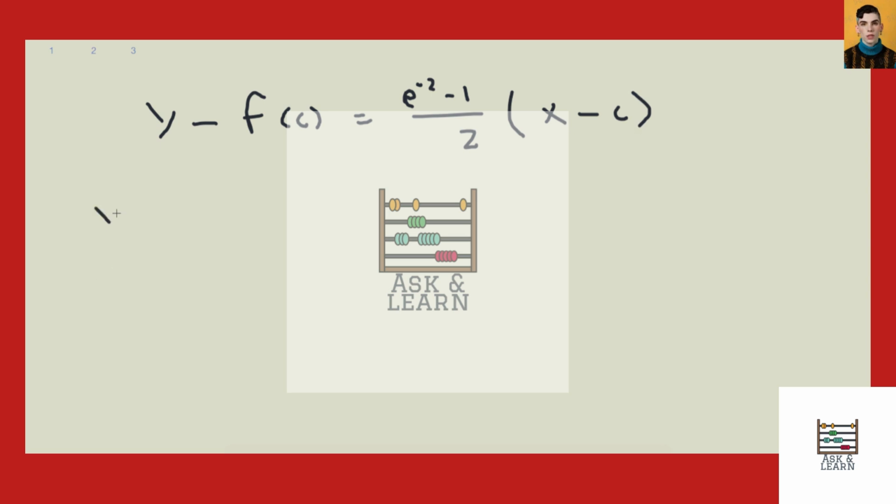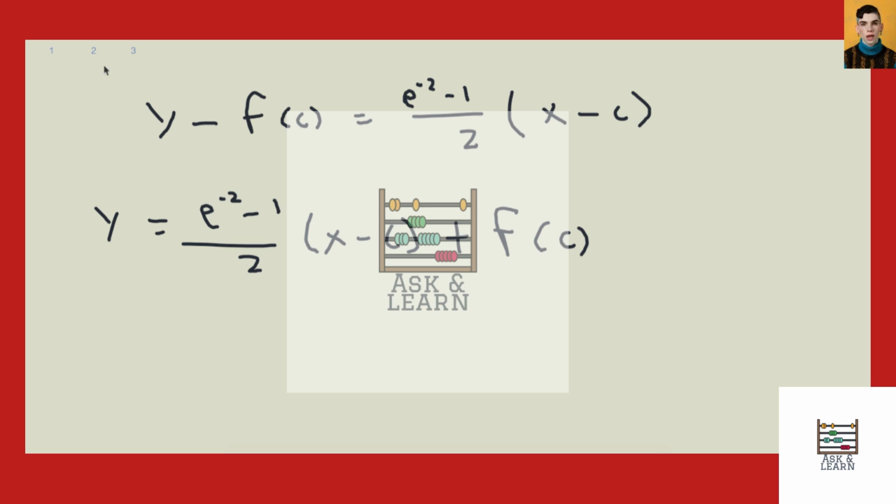And then we're going to rewrite this, just doing some algebraic manipulation. We're going to bring the f of c to the other side. And now we're just going to plug in our values.